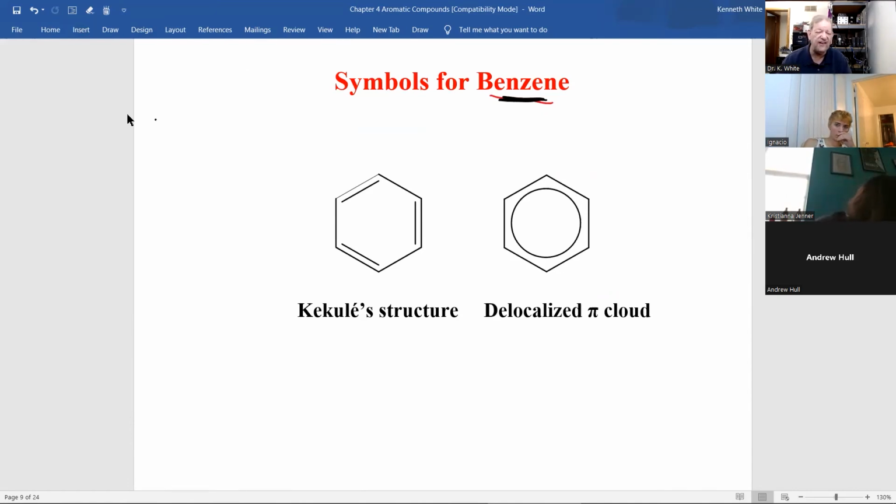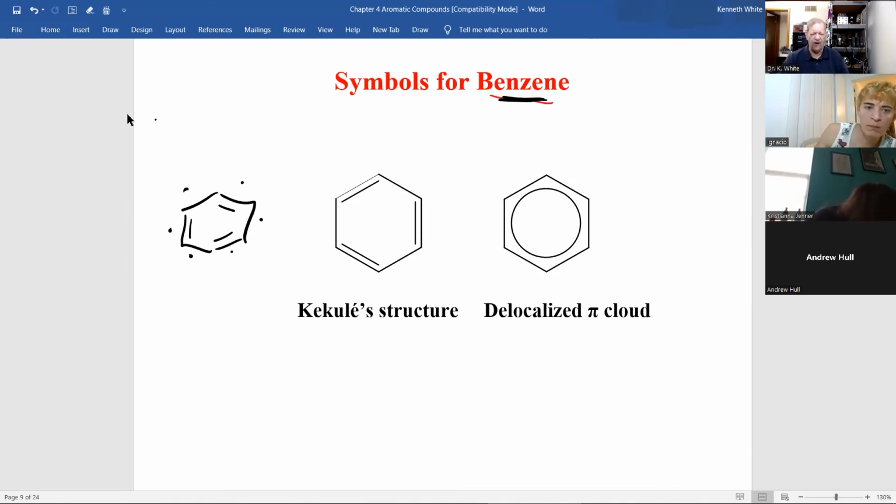So we'll just say the IUPAC name is benzene. It has a 6-membered ring and 3 double bonds that are conjugated. Conjugated is alternating single, double, single, double, single, double.